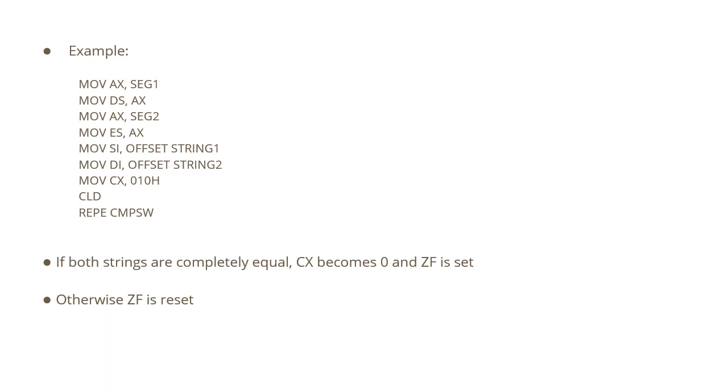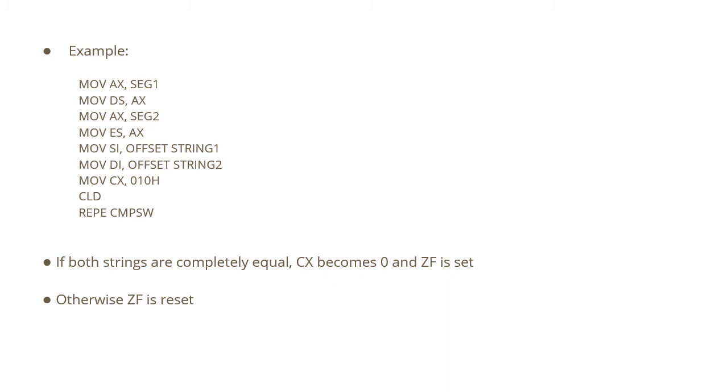The next instruction is MOV AX, SEGMENT 2, which indicates the segment address of the string 2 will be moved to the AX register.